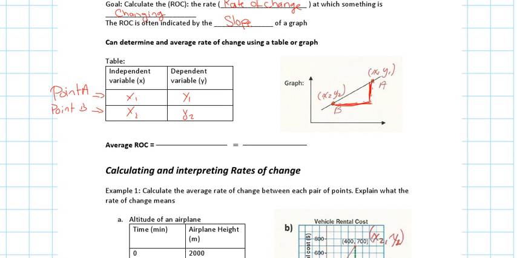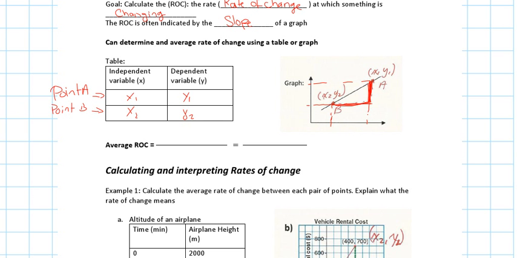Okay? To find that, if I'm looking at my rise, that means I'm looking at the difference between the y values, right? Because this is my y value for B, and this is the y value for A, right? So I'm looking at the difference in this that will tell me my rise, versus my run, which is the x value of B and the x value of A. Okay?